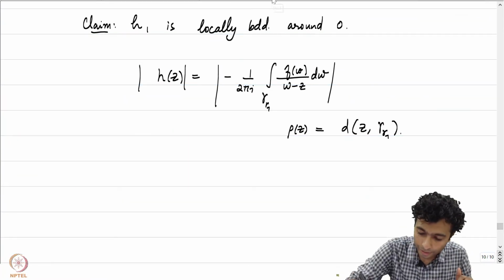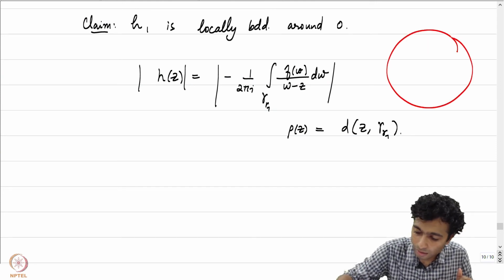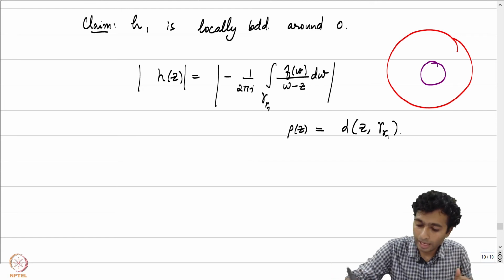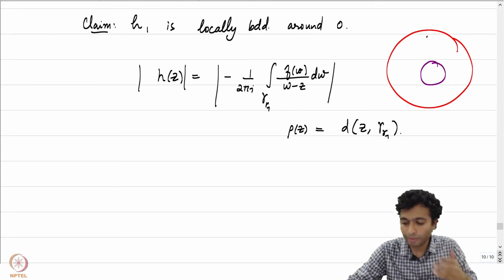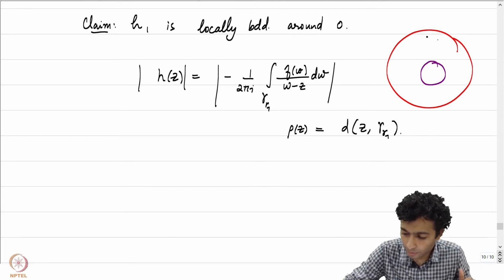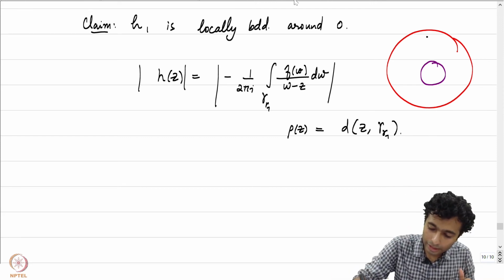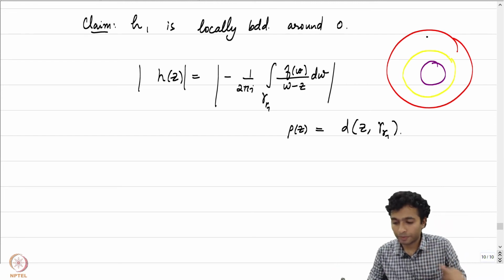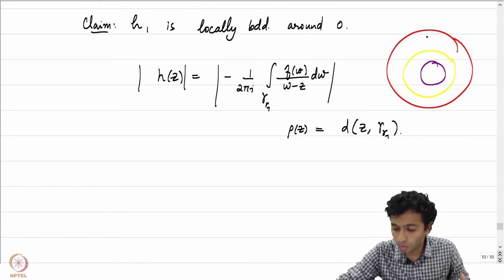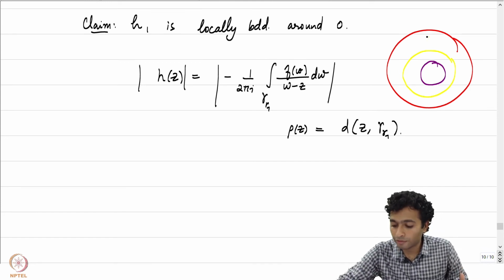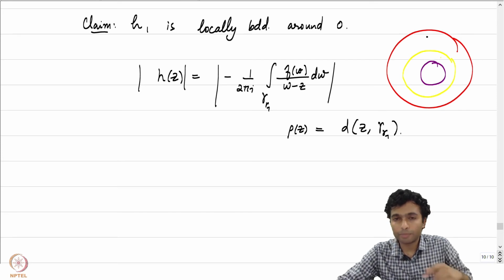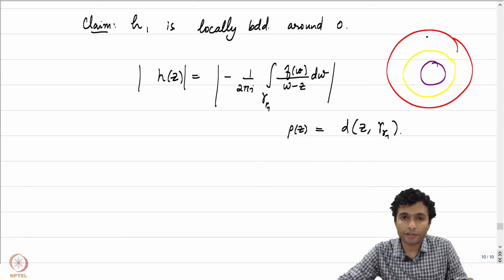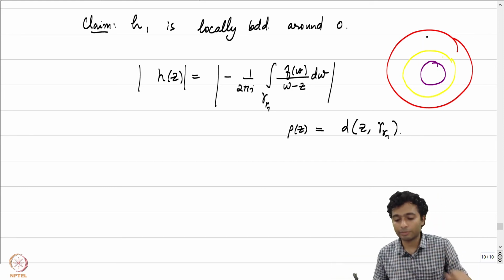What is happening is the following. We have our R2 here, there is a small r1 here, and our point z is somewhere. It could be outside the disk of radius R2 as well, but nevertheless, we then capture by yellow gamma r1, and rho of z is the infimum of the distance of z to any point on the circle of radius r1 around z0. So that's precisely what is being captured by rho.